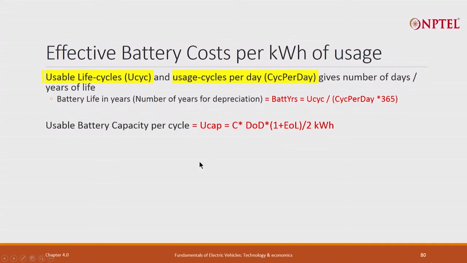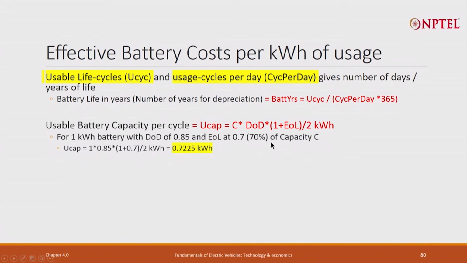End of life may be 0.8. So, 1 plus 0.8 is 1.8, divided by 2 is 0.9; on the average you are using 0.9. Of course, in the beginning you may use all of it, towards the end you will use only 0.8 of it. So, this is a method by which you are able to compute the average. This is the usable battery capacity per cycle.